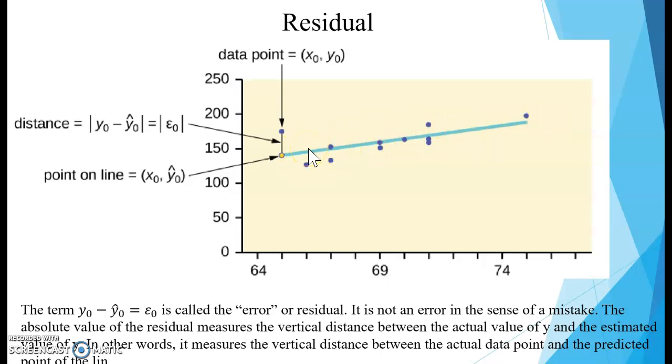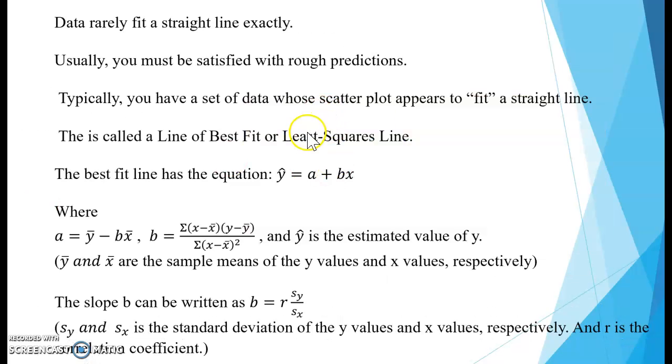We use this line to predict your dependent variable. So if I plotted this right here, and I took the point, say, about 75, I would end up right here on my line of best fit, or my least squares line.